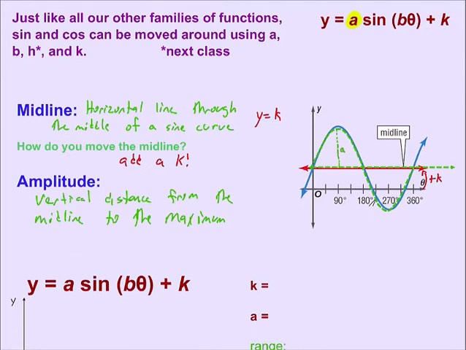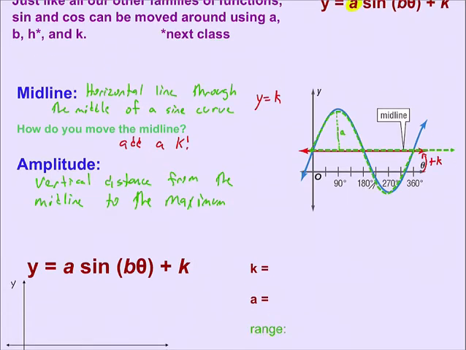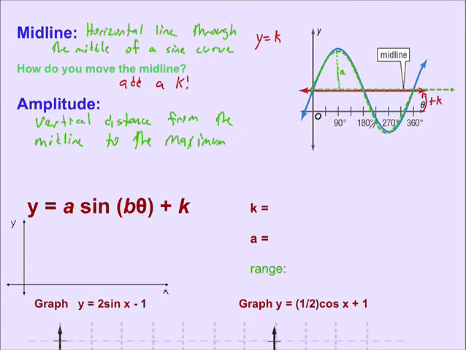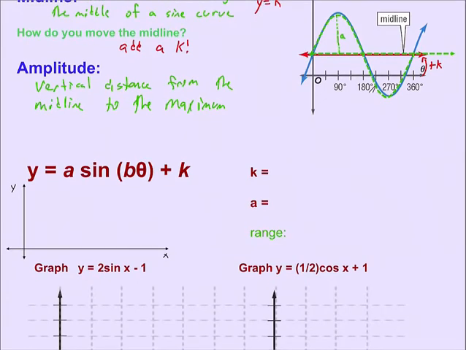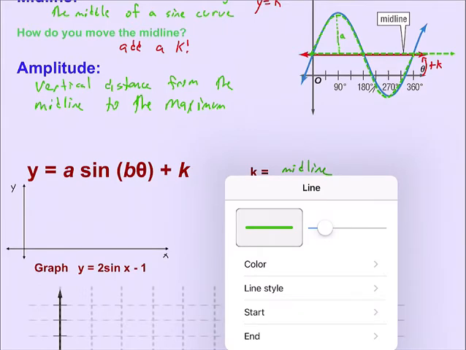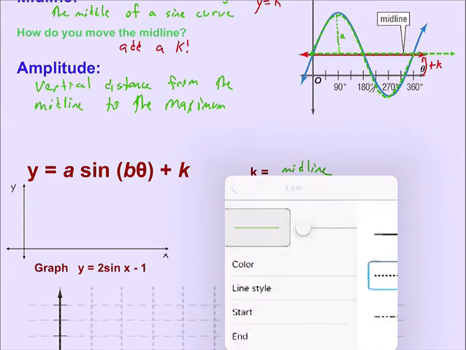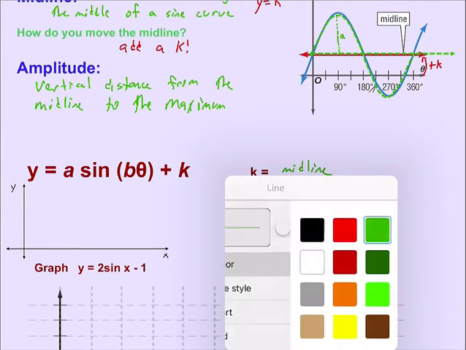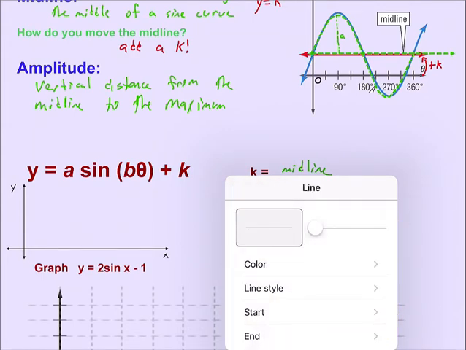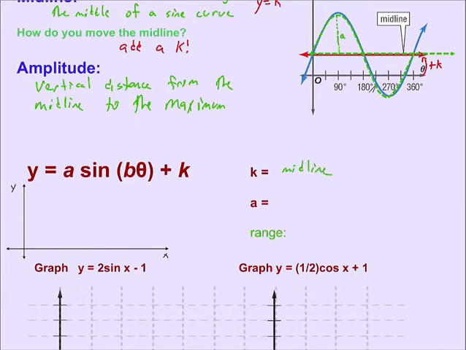So if we take a look at a generic function, y equals a times the sine of b theta plus k, whatever that k is the midline. And so what I want you to be thinking is that there's an invisible horizontal line, and I make it really as light as I can. Make it light gray. You can barely see it. But however high up that is k.